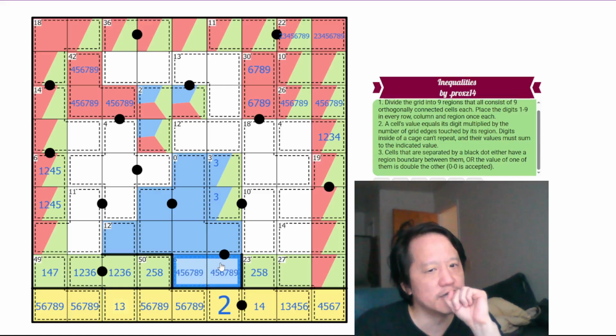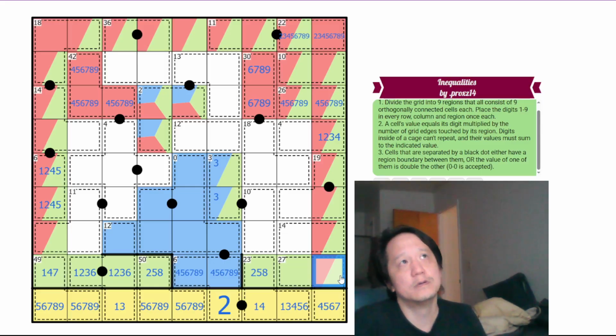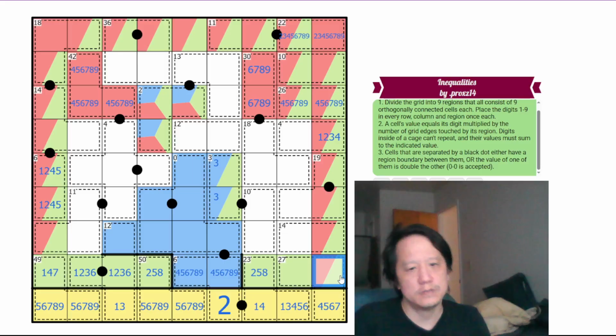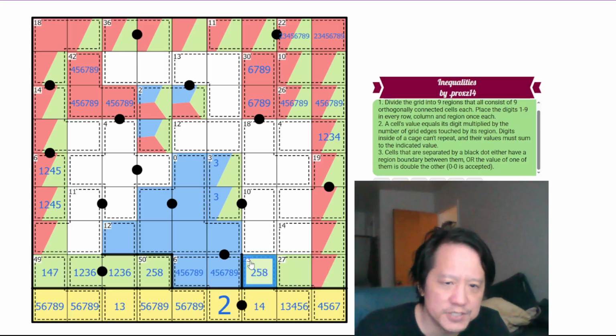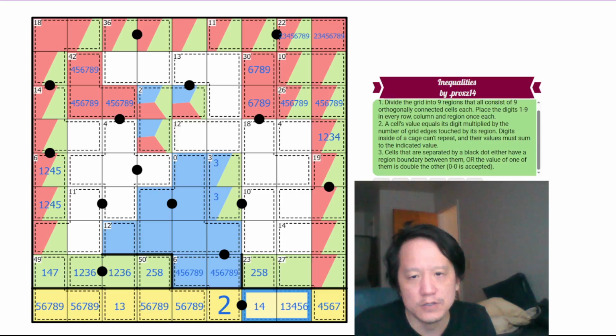So then this is guaranteed to be at least 13. Technically, this could be doubled. This can never be 5 then. So this is guaranteed to have a 4 here. So we have a guaranteed 4 here, and this cannot be 5 or 6.